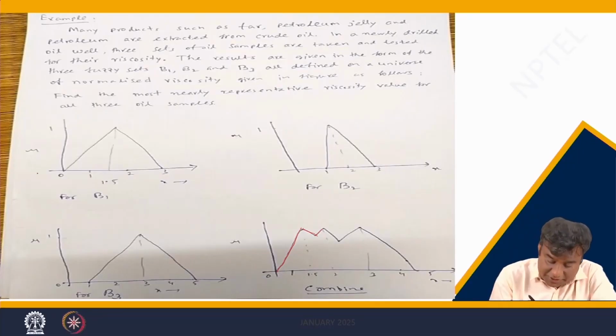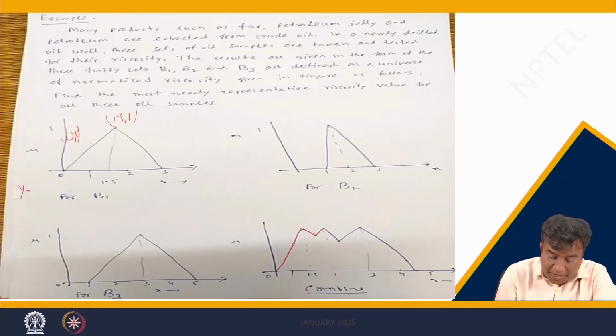This point is (0, 0), this point is (1.5, 1). So the equation of the straight line is y minus 0 equal to (1 minus 0) by (1.5 minus 0) into (x minus 0).